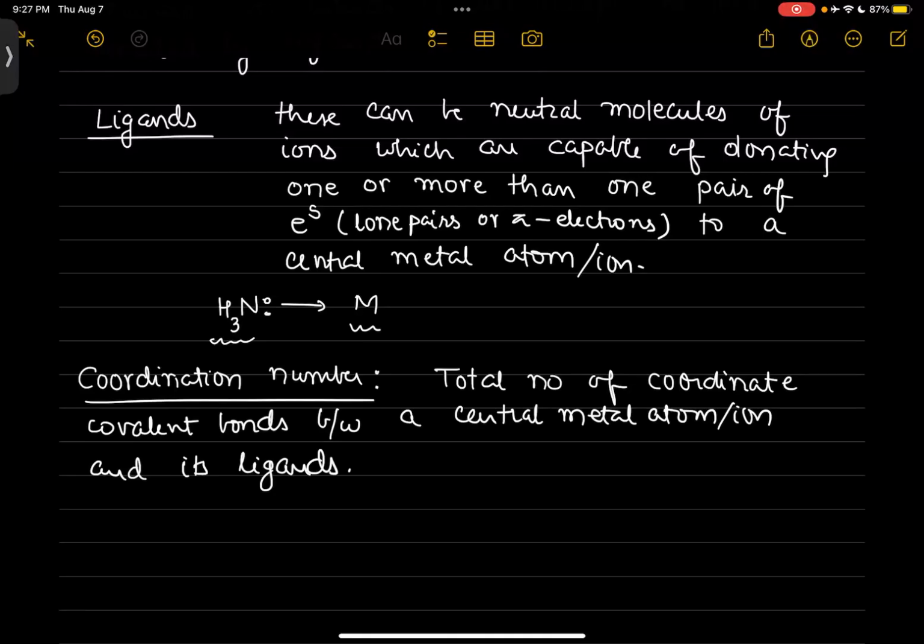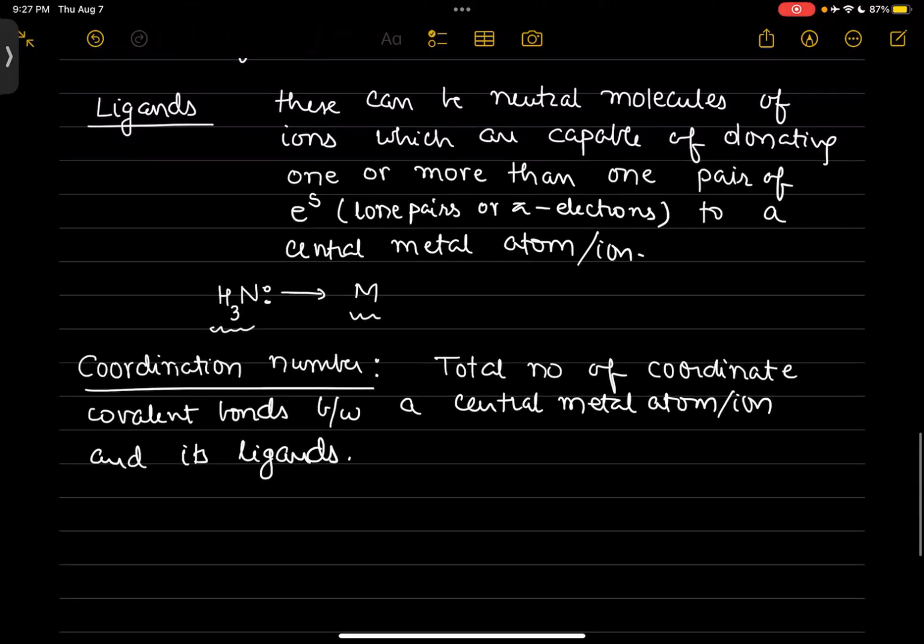Is the definition clear to all of you? Marwa, Jasleen, Aisha. Yes, sir.